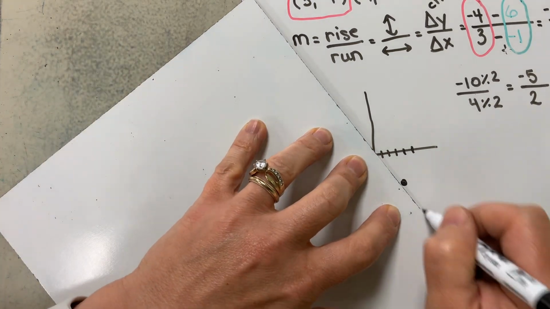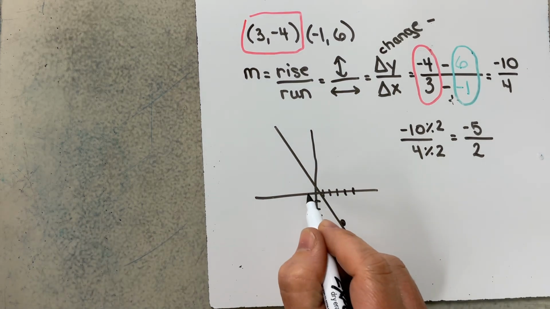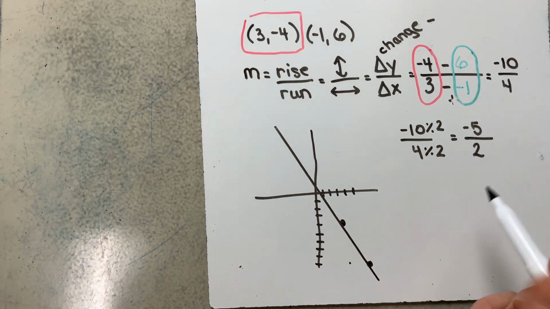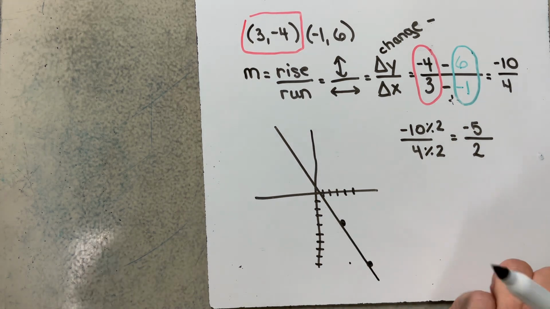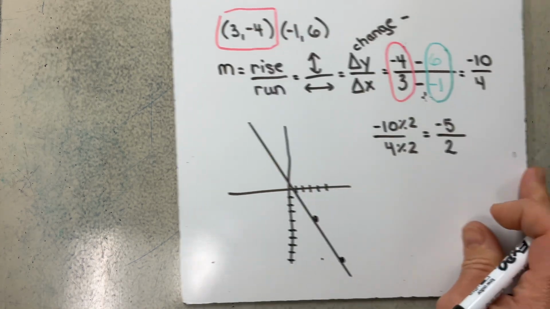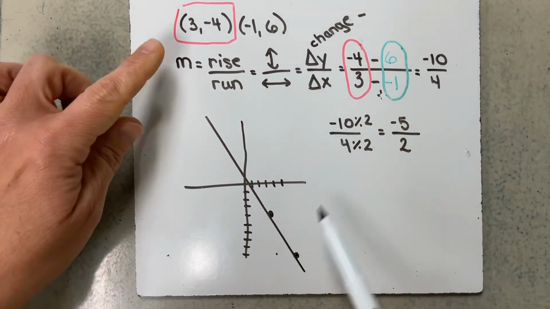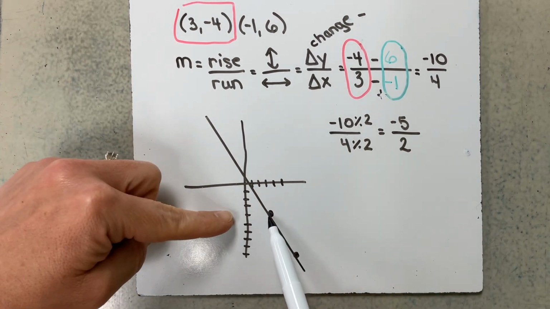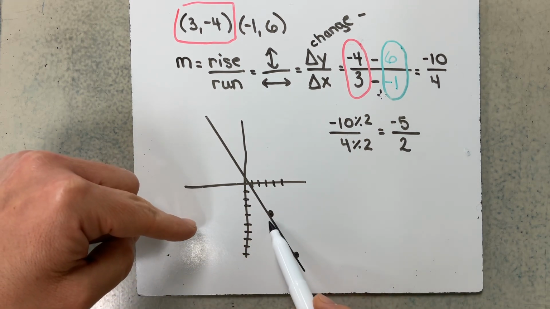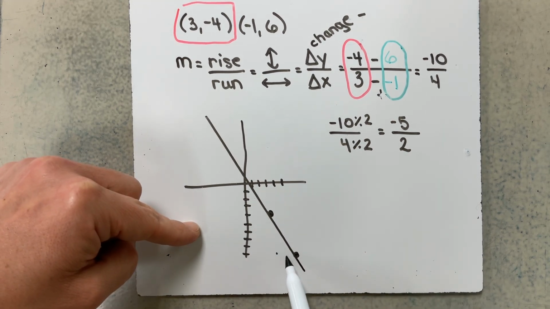But it looks like about like this. All right, so this is pretty bad, but you get the idea. You definitely want graph paper, okay, and this is why. Okay, but we had the point 3, negative 4. We rose negative 5, so we went down 1, 2, 3, 4, 5, and we ran positive 2. Okay.